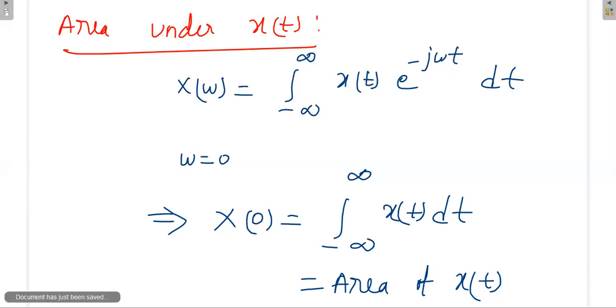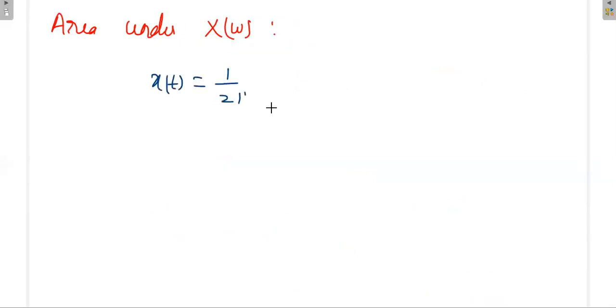Another one is the area under X(omega). What is the inverse Fourier transform formula? Small x(t) is equal to 1 by 2 pi times the integral from minus infinity to plus infinity of X(omega) e^(j omega t) d omega.